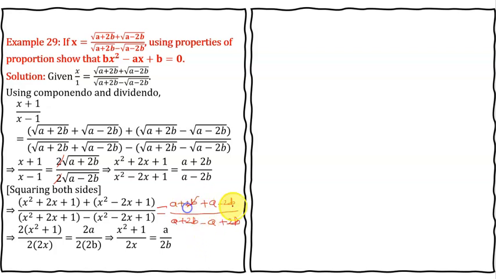Okay, here plus 2b minus 2b get cancelled. A plus a, you will have 2a. Next, plus a minus a get cancelled. 2b plus 2b, that's 2 in bracket 2. Okay, again here this 2 will get cancelled.